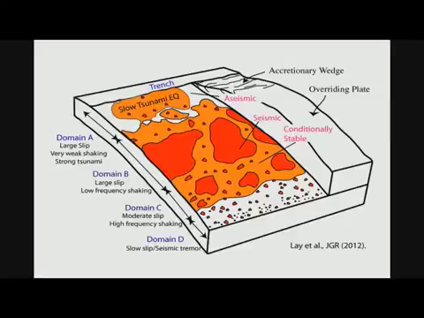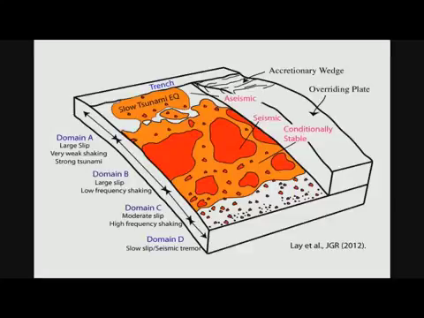It's not that we know the exact distribution. The idea is that it's very, very heterogeneous. Even up very shallow, there may be some areas that are velocity strengthening, but if they're embedded in a conditionally stable area, we can have failure from these red areas driving slip into the orange areas, okay?